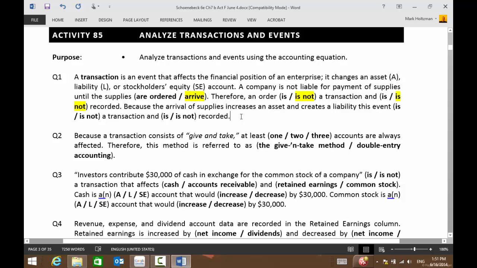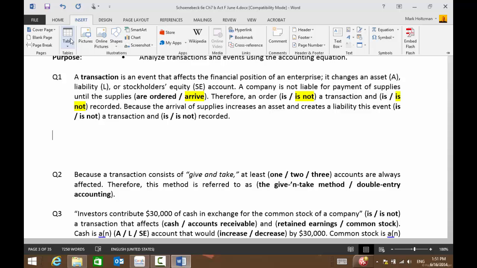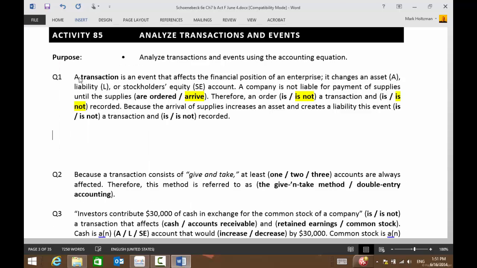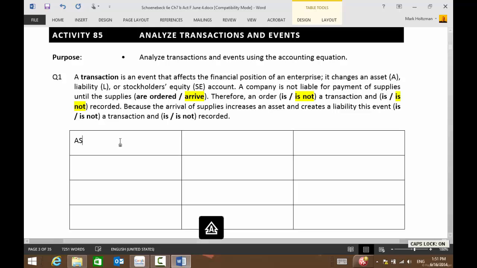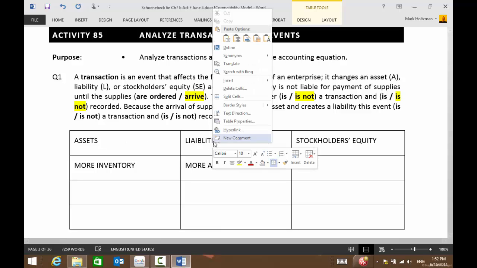Now, when the goods arrive, that's going to increase an asset. If we were to look at this equation here, I'm going to insert it right here. So if you were to receive supplies, you're going to have more inventory, and under liabilities, you're going to have more accounts payable because now you owe money for the supplies.